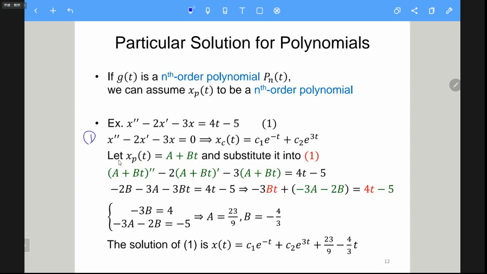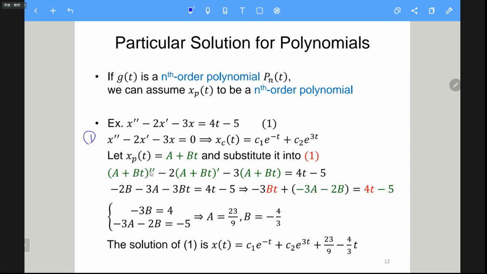And so let x_p(t) be another polynomial with the same order. This is first order, so we let x_p(t) be a first order polynomial, a + bt. Okay, and we plug it in here, so that we have (a + bt)'' - 2(a + bt)' - 3(a + bt) = 4t - 5.